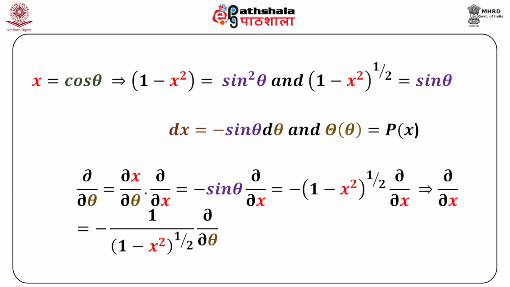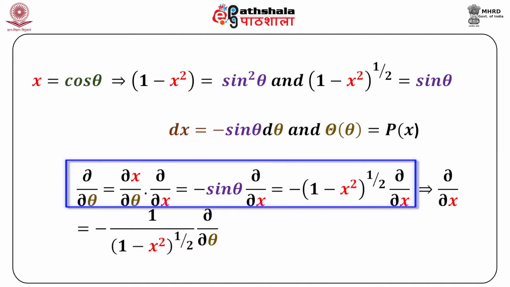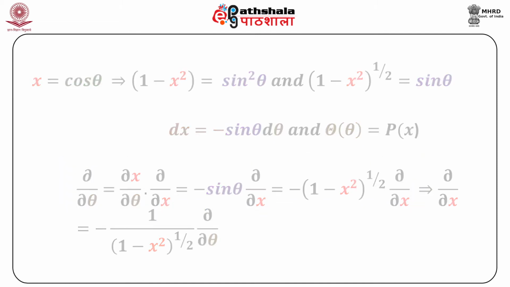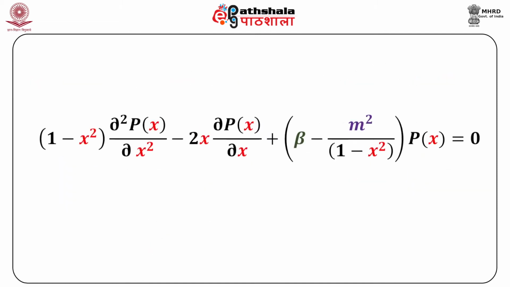Then wherever we have to substitute del by del theta, this can be written as del by del theta is equal to del x by del theta multiplied by del by del x. This on simplification gives minus sin theta del by del x, which equals minus square root of 1 minus x square del by del x.